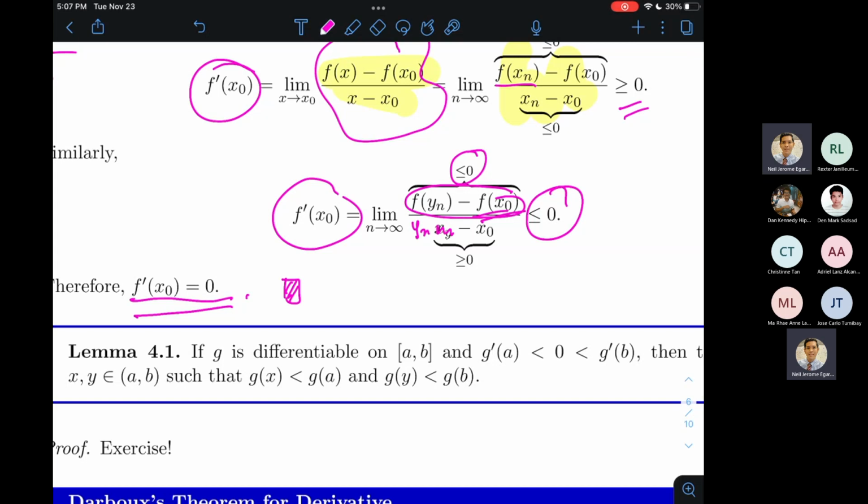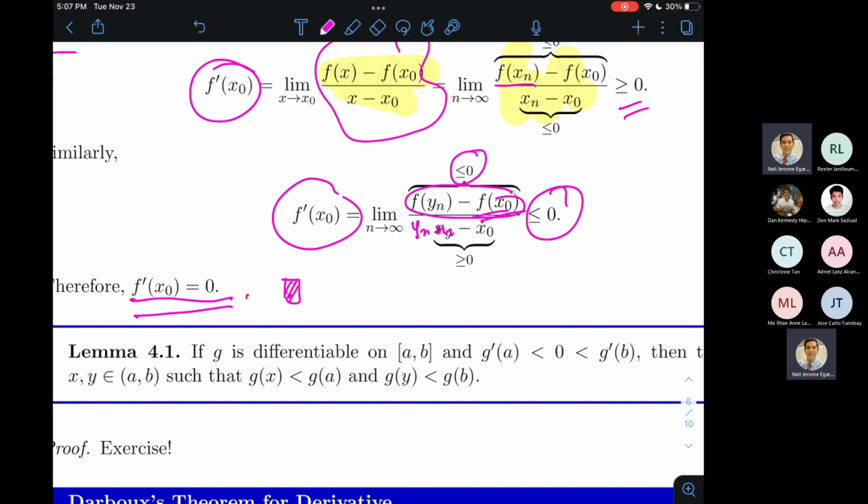And again, thanks to Fermat's theorem, we know that the only candidates para magbigay ng relative max or relative min ay yung mga critical numbers kung saan nagiging 0 yung derivative for any differentiable function on the interval AB. May exemption nga lamang kapag hindi differentiable yung function sa x sub 0, posible pa rin siyang magbigay ng maximum or minimum.